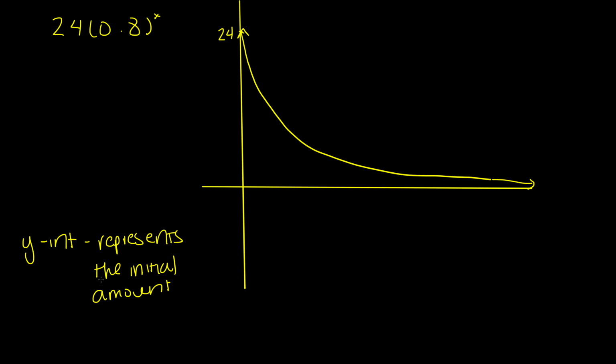And the asymptote would mean that we're getting closer and closer to my car not being worth anything, but it will always be worth at least something, even if it's like $10. It'll always be worth something.